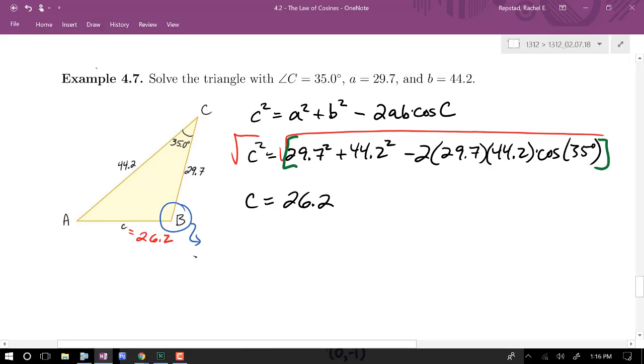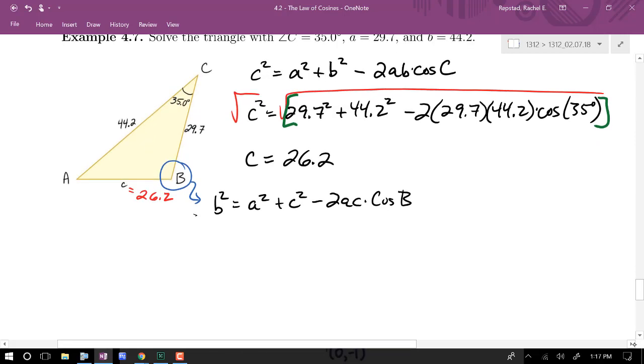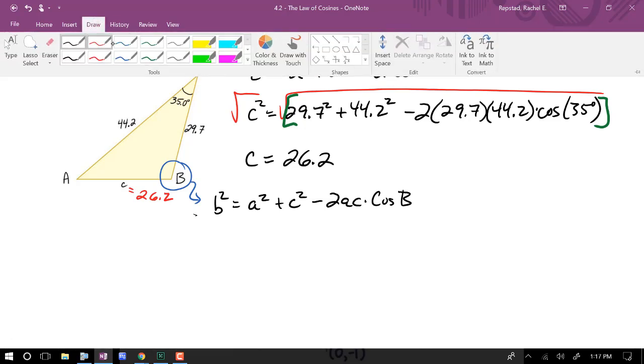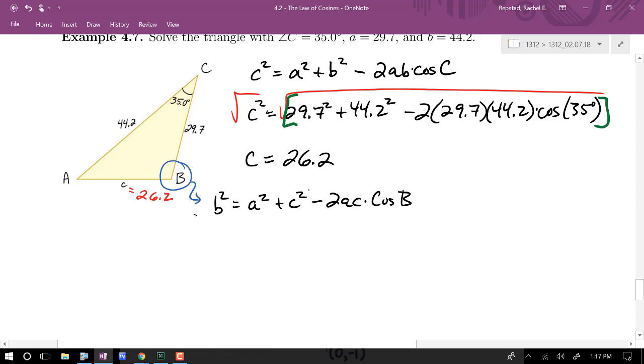So if I write the law of cosines, the law of cosines that uses angle B is the one that starts out b squared equals a squared plus c squared minus 2ac times cosine of b. We know all the sides, and let's say I like doing the algebra at the outset so I don't have to write down all these digits a million times.